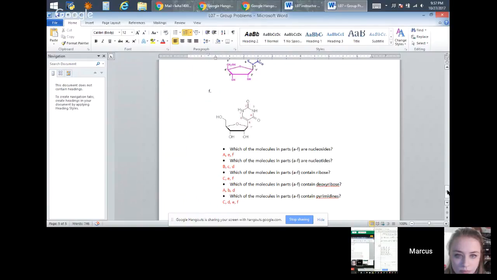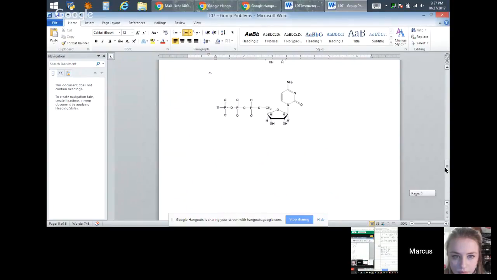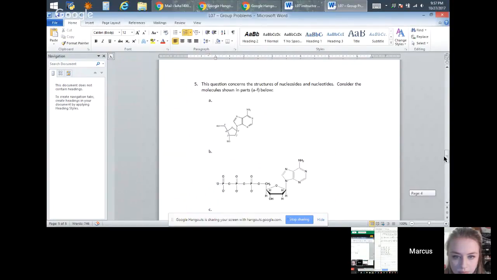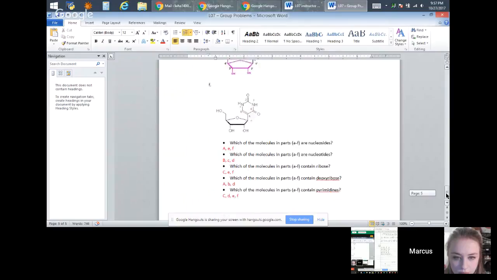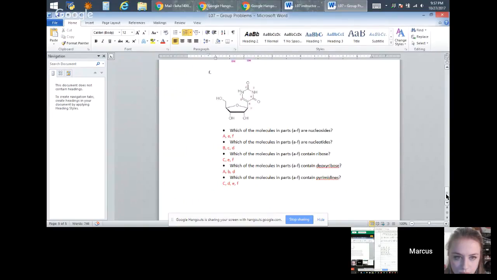And it looks like the riboses are going to have an alcohol on that second carbon, so you can see it in F as well as E and in C for those. And then deoxyribose, of course, doesn't have that alcohol. You have the ABD. And then for the pyrimidines, those are the ones with the single rings. And that would be C, D, E, and F.